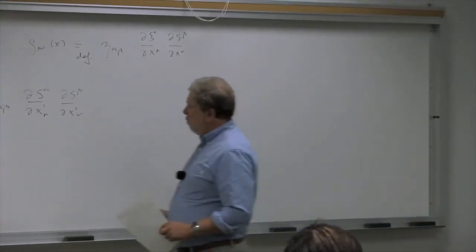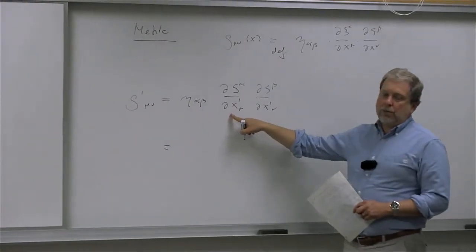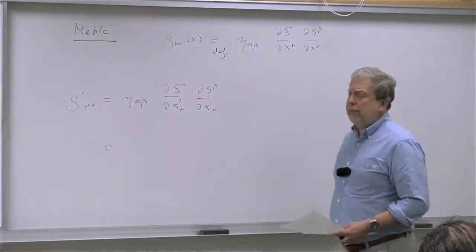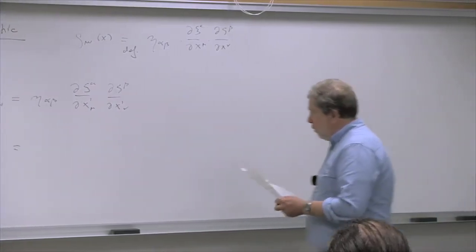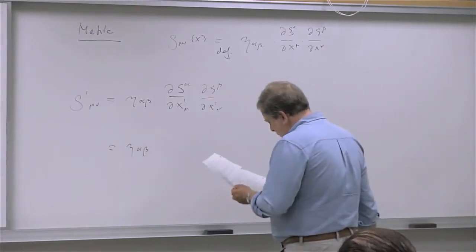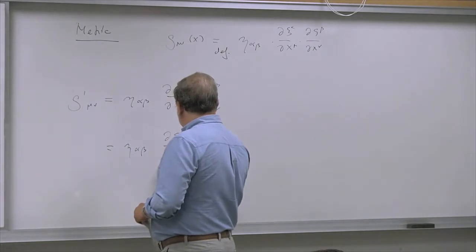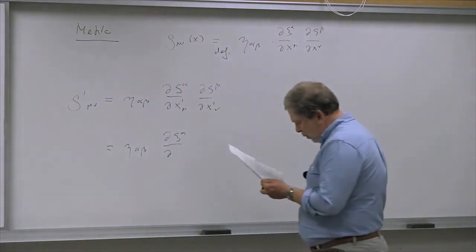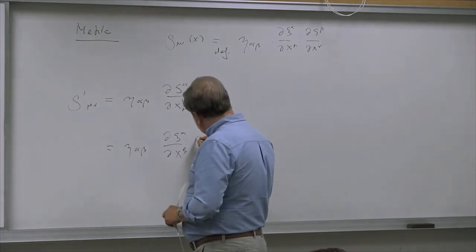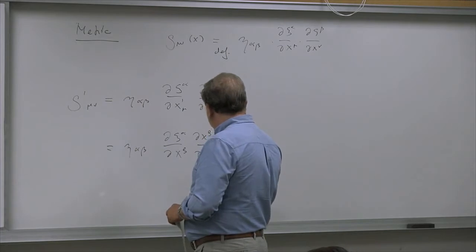And now what we can do is replace each one of the derivatives with respect to x prime as a derivative with respect to x times a factor of dx by dx prime. So you can write this as eta alpha beta, and then d psi alpha by dx rho, some other x, and then dx rho by dx prime mu.